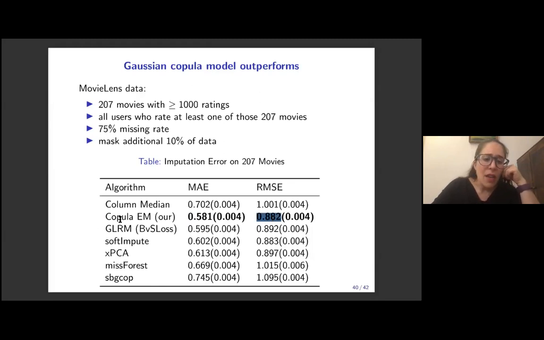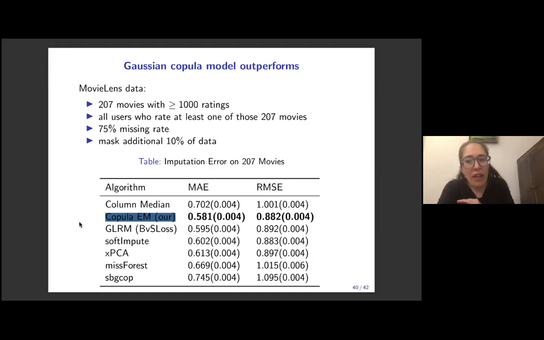What's particularly notable about this model, and because I'm at the end of my talk, I'm just going to tell you instead of showing you, is that the model has no hyperparameters. Whereas for almost all of these other models, there's something that you have to tune, which takes extra time because you have to try the model for each value of this parameter and try to find the right one.